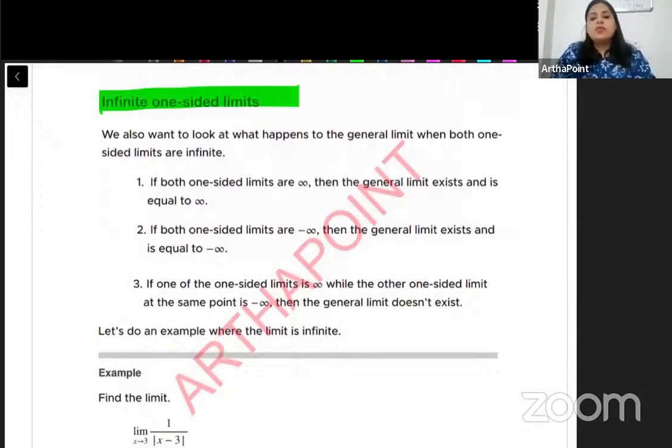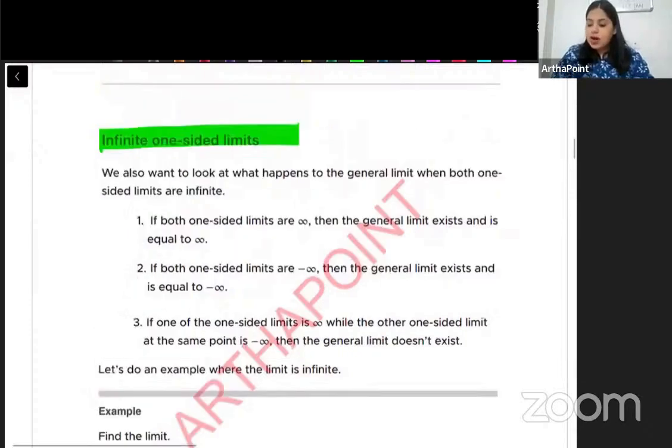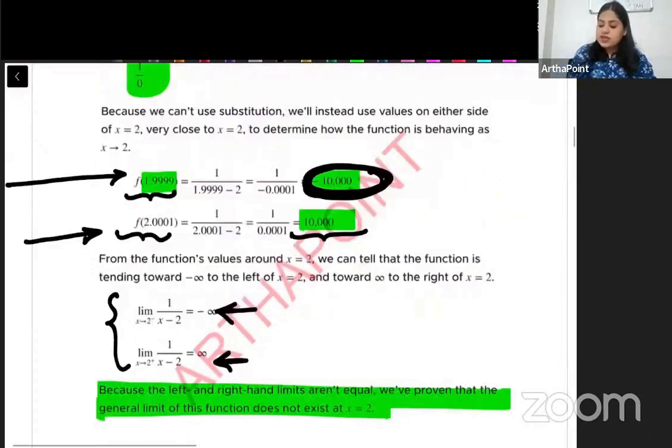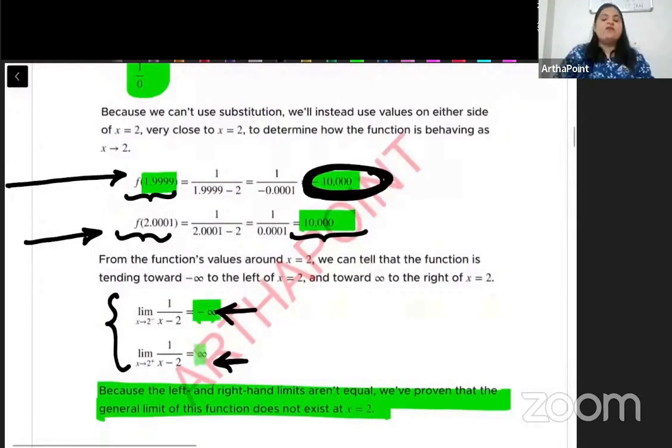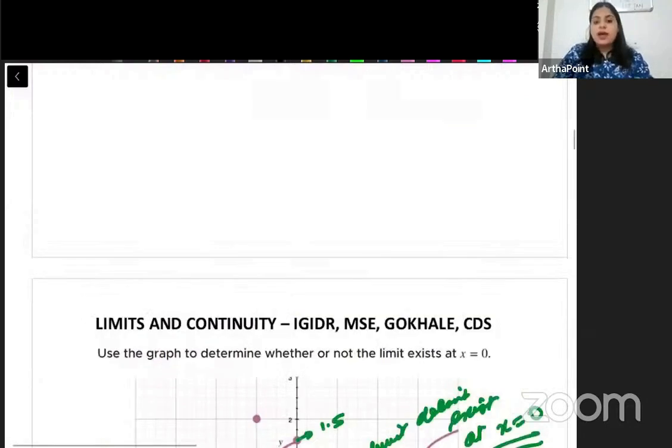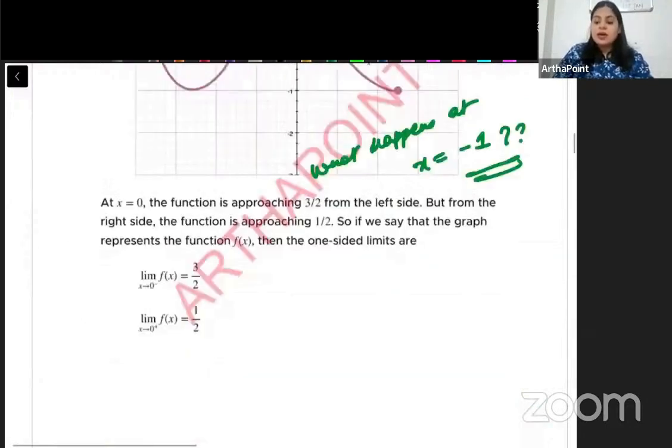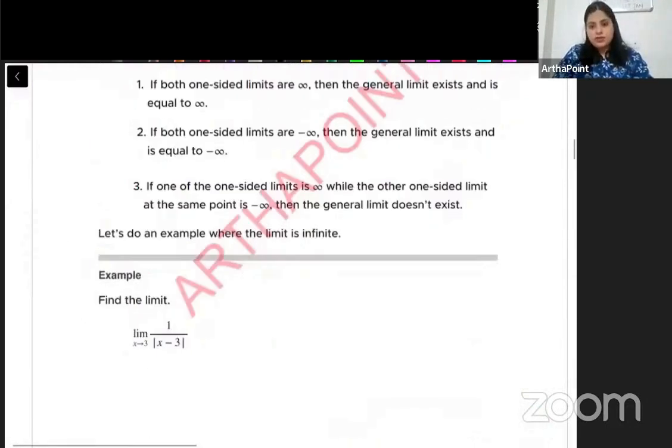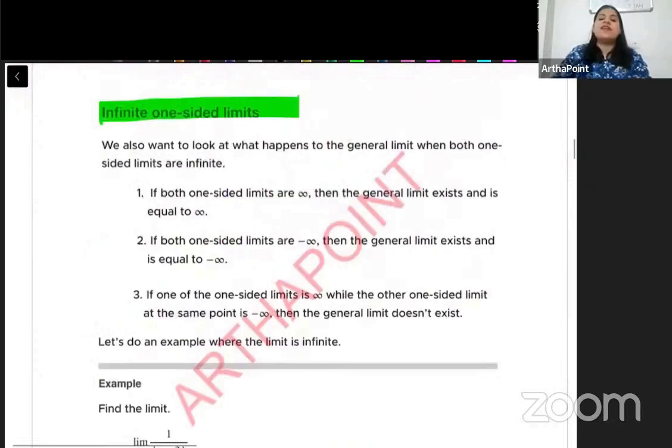Sometimes what will happen, what we saw above is that one was giving us minus infinity and one was giving us infinity. But sometimes both will give you infinity. That is called infinite one-sided limits. So if both one-sided limits are infinity, the general limit exists, and that is also equal to infinity.